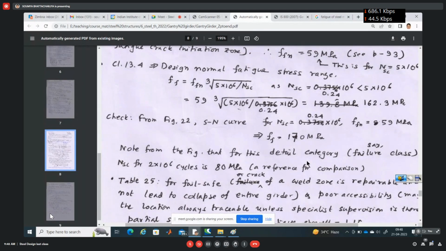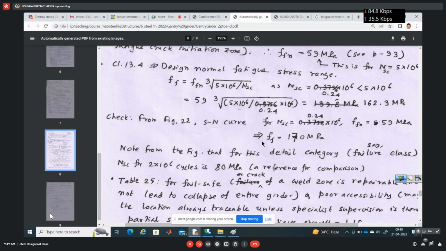You see that if there is no fatigue, the strength would be the yield stress, that is 250 MPa. But since it is subjected to fatigue, based on the thrust of punch and the number of punch, we see that it can endure up to maximum 170 MPa when it is subjected to cyclic loading due to fatigue.